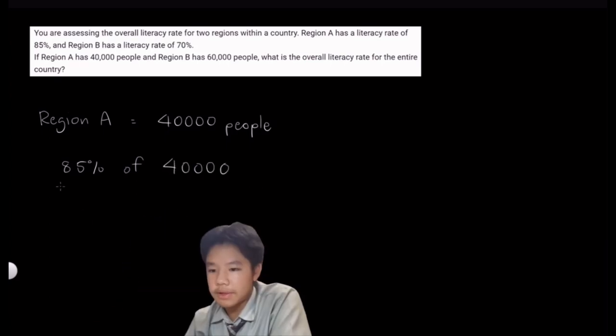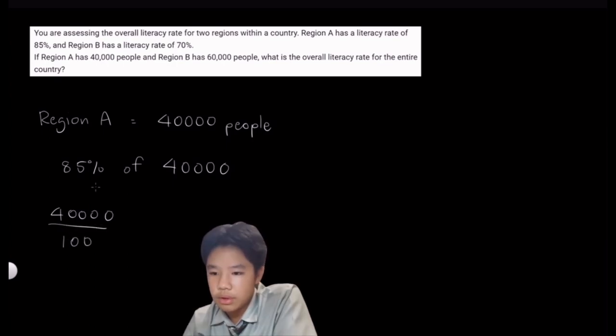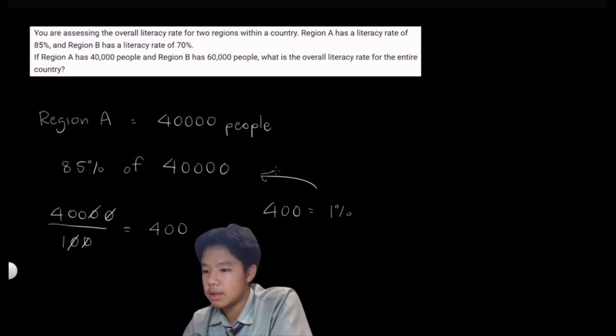So 40,000, divide that by 100, just chopping off two zeros at the end, so you have 400 over 1, so therefore 400 is equal to 1%.